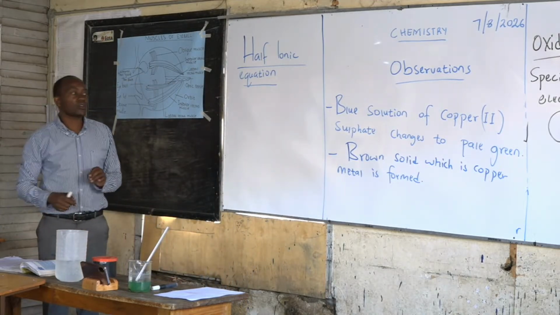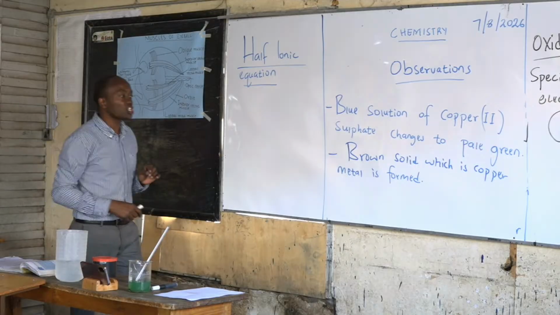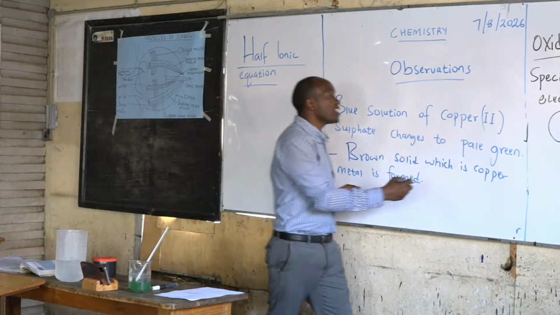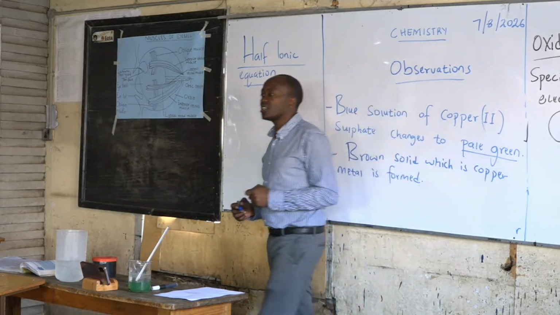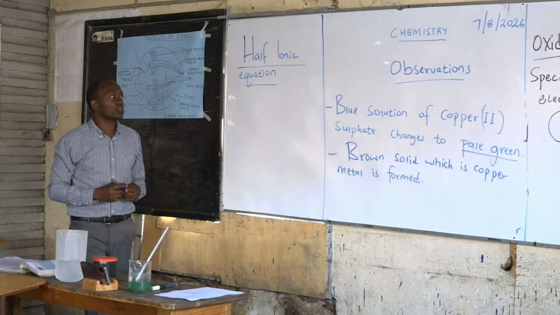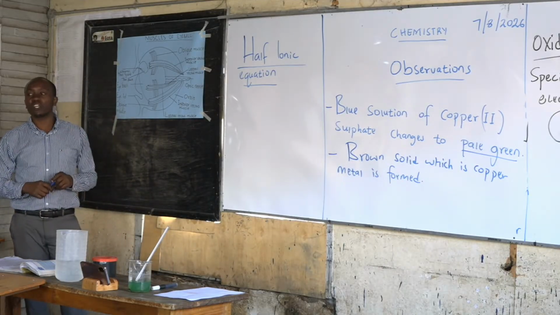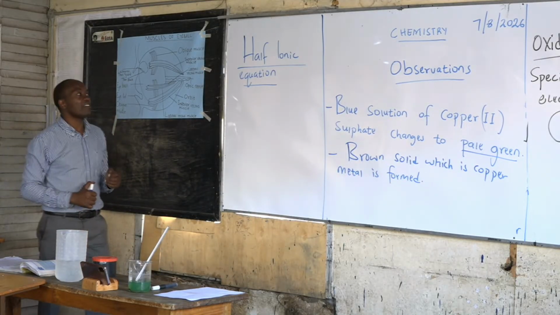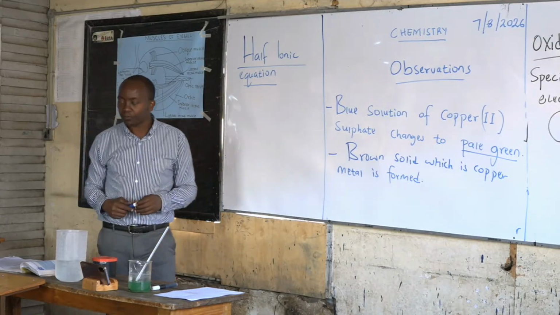Whenever you have iron 2 ions in a solution, the solution will display a green color. So let's talk about the half ionic equation.